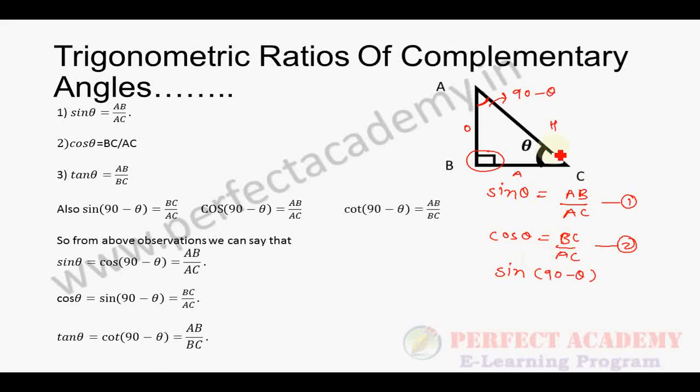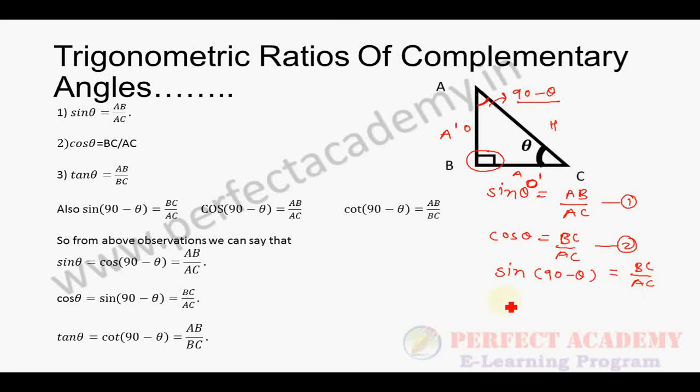For 90 minus theta, this BC is the opposite side and AB will be the adjacent side. I will put prime on them so that you will not get confused, O prime and A prime, and you have the same hypotenuse of course. So sine of 90 minus theta, whatever angle it might be, sine is always opposite by hypotenuse, so it should be BC by AC.